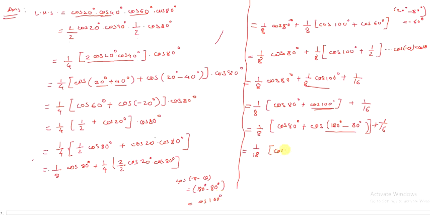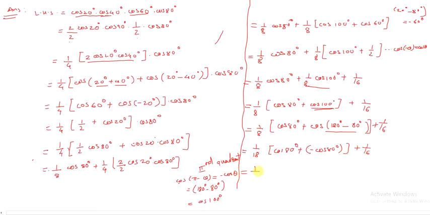Now cos 100 can be written in this way, 180 minus 80, but cos of pi minus theta is equal to minus cos theta. It lies in the second quadrant, and in the second quadrant the cosine ratio is negative. Therefore, here we can write cos of 180 degree minus 80 degree is equal to actually minus cos 80 degree, and plus 1 by 16.